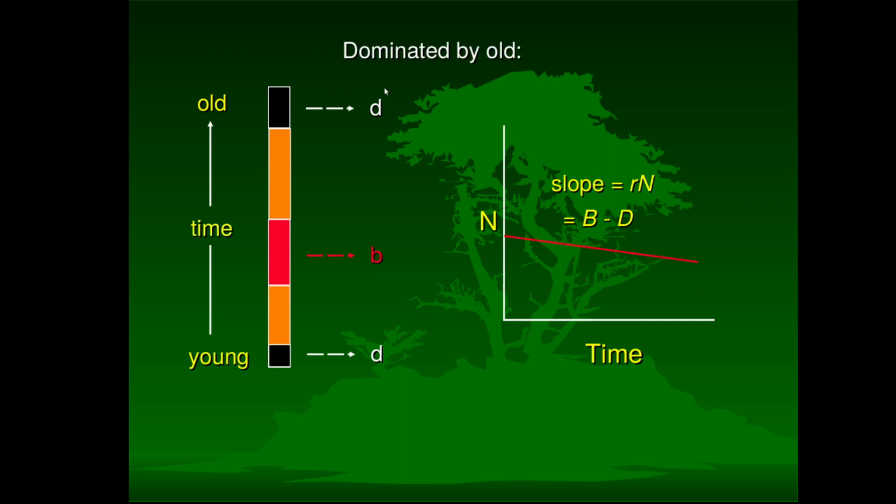Okay, so if we have a population dominated by old individuals, then the population growth is determined only by the mortality rate. There's no longer any births, so the population has to hold constant or decrease. Whereas if the population is dominated by individuals in the reproductive age, mostly these B individuals here, then there's going to be increase, but very little mortality. And we'll have a very rapidly increasing population.